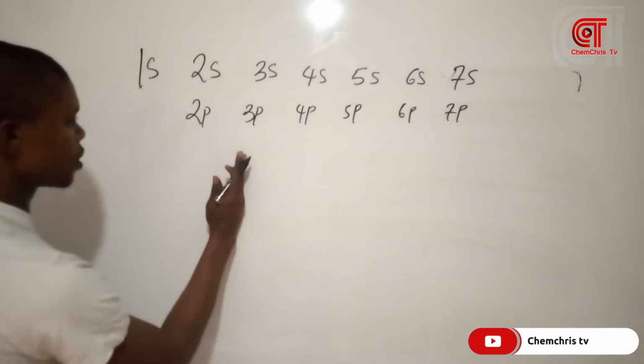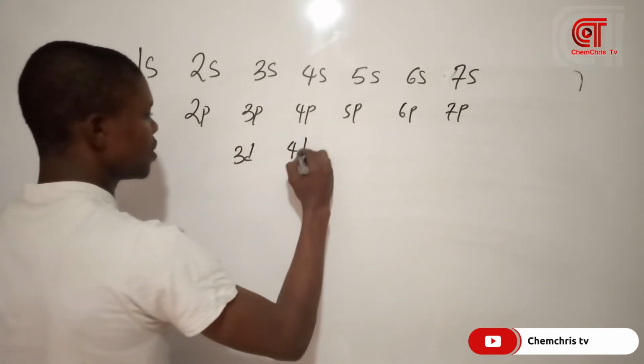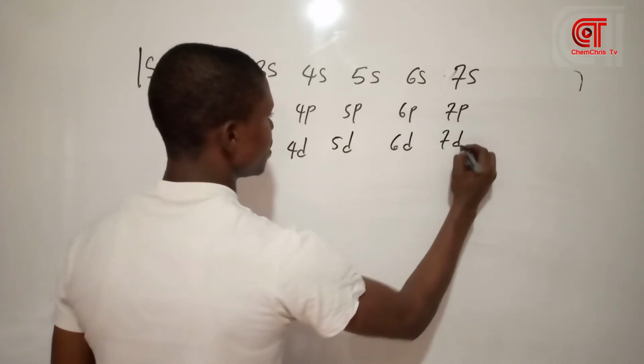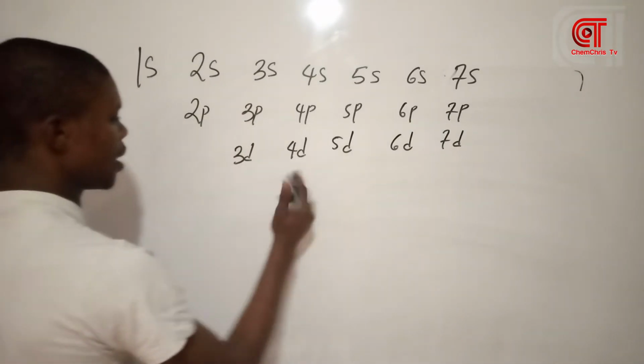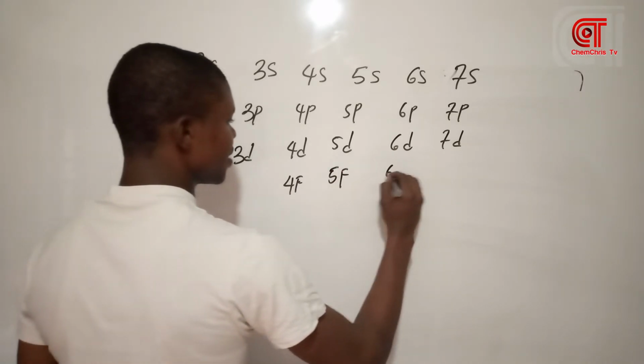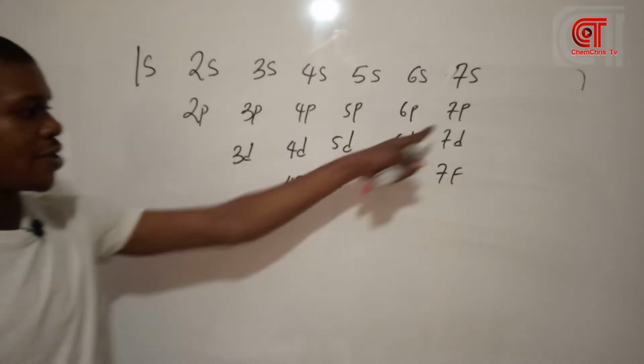After that, come to 3: 3d, 4d, 5d, 6d, 7d. Now after that, you come to this one here: 4f, 5f, 6f, 7f. So this is what you want to do first, right?